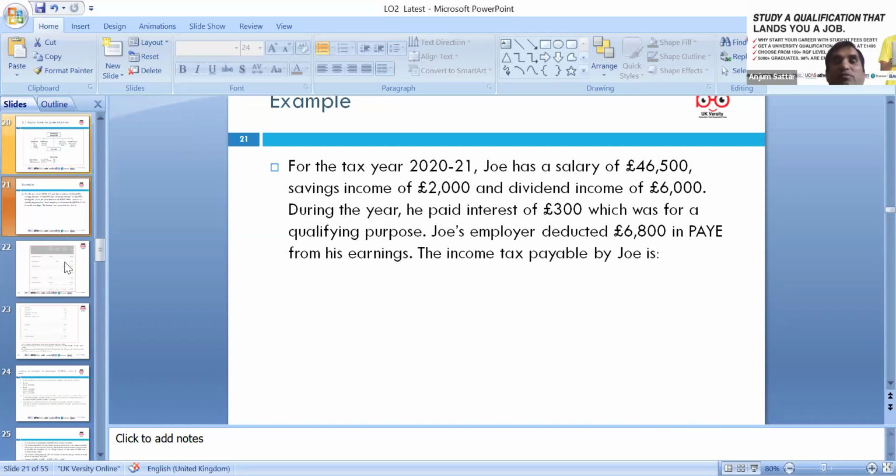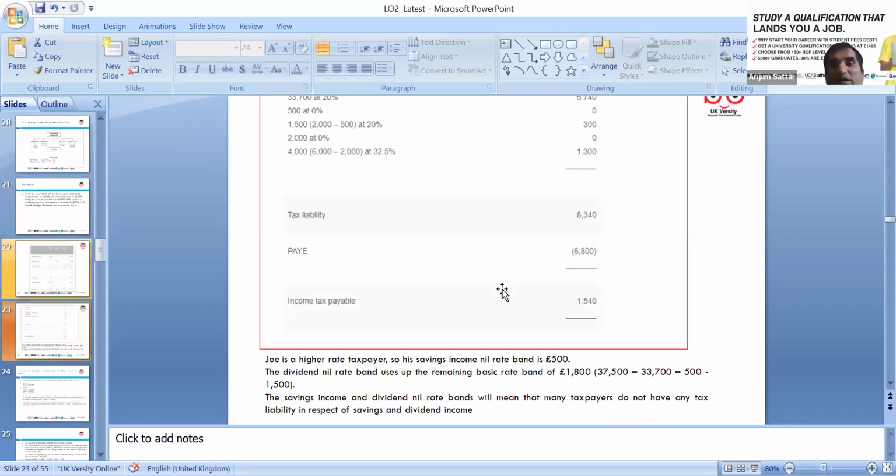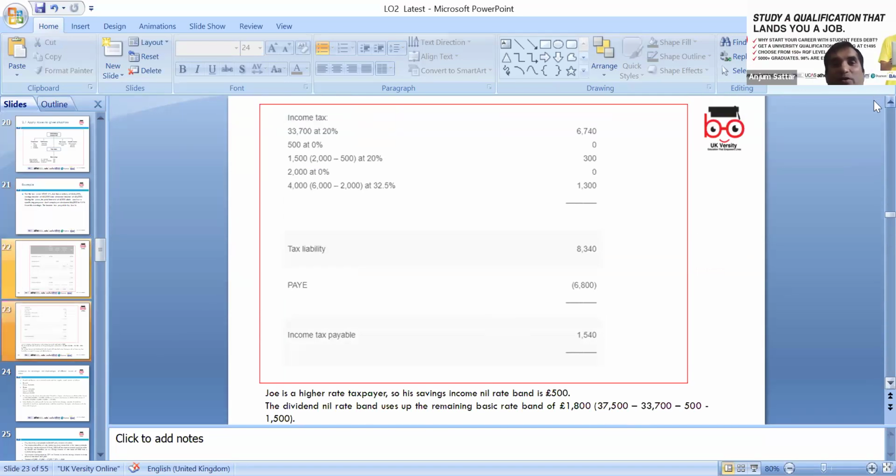Like some qualifying expenses, like you're paying ACCA fees, that's a qualifying subscription fee. If you paid it, that can be a qualifying purpose, so that fee we can deduct.